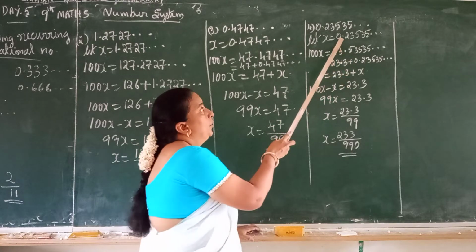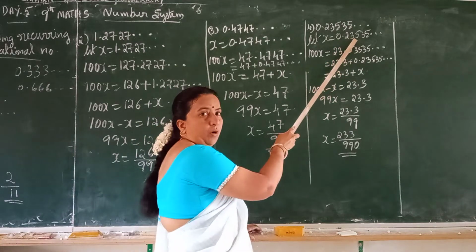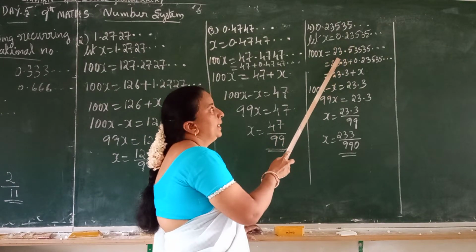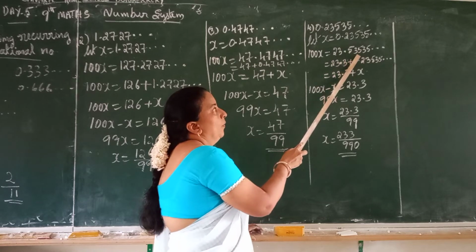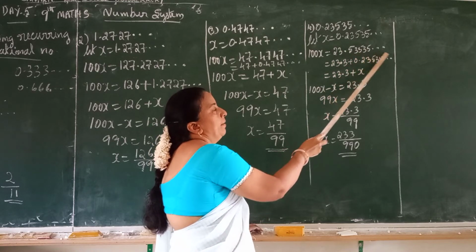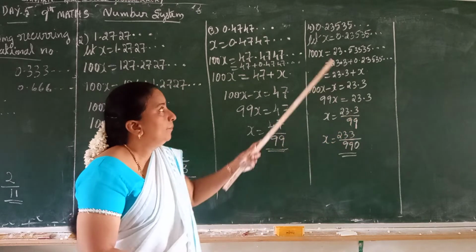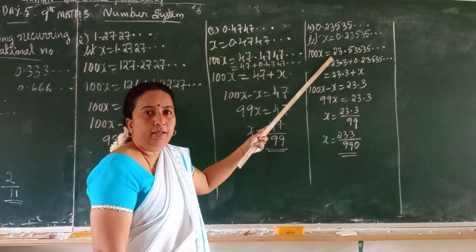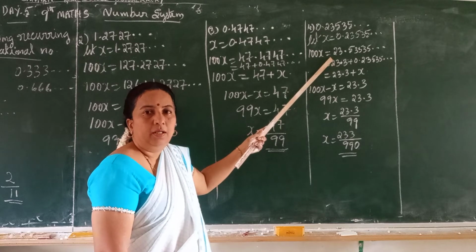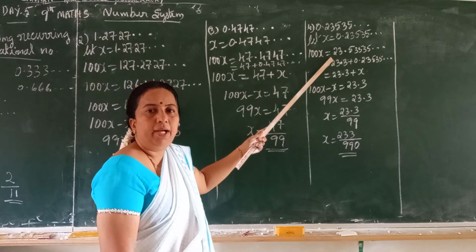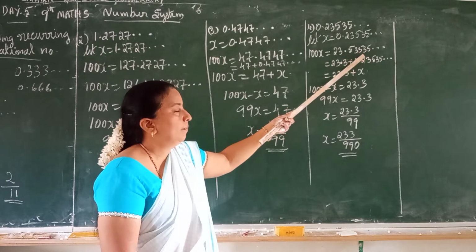Then 2 decimal places forward: 23.53535 and so on. Write it properly.